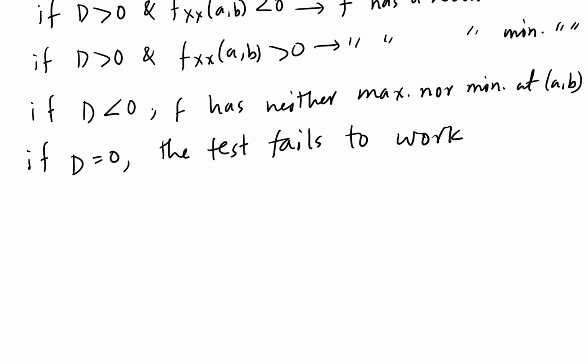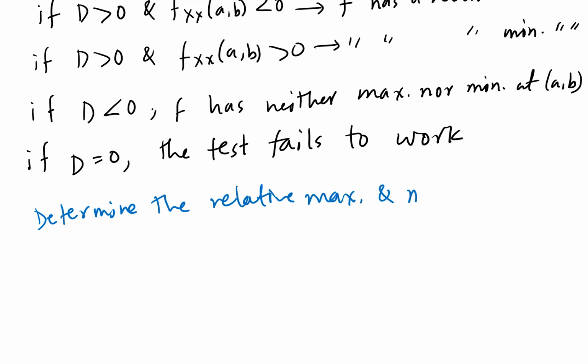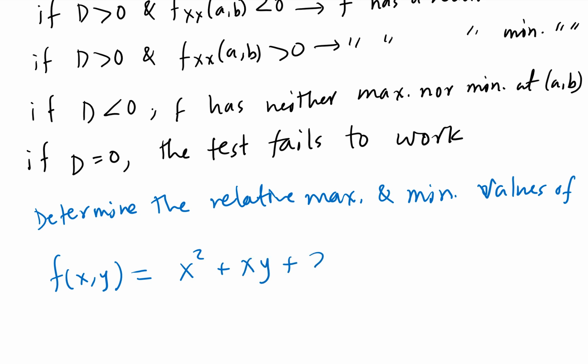So we are going to look at an example to see how to apply such a thing. Determine the relative max and min values of the function f(x, y) given by x squared plus xy plus 2y squared minus 7x.